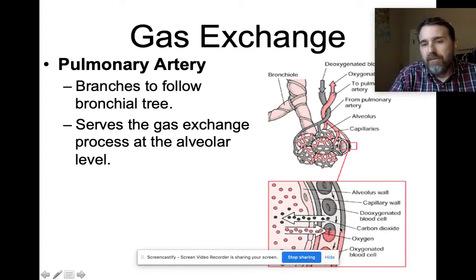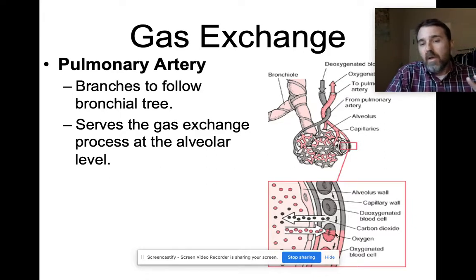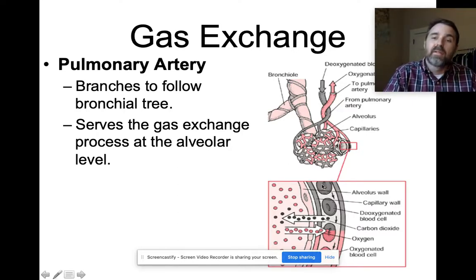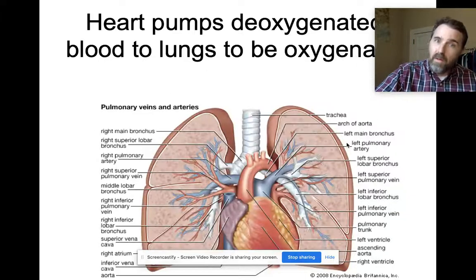So carbon dioxide is diffusing from the capillaries through the alveolar wall into the alveolar air, while oxygen is diffusing from the alveolar air across the alveolar wall to be picked up by the red blood cells, to be sent to the heart, to be pumped out to the body, to keep you alive. That is your oxygen supply. That is how you gain oxygen from the environment, from the atmosphere, and how you dump off extra carbon dioxide from your body. That's how you get rid of that, also to keep you alive.